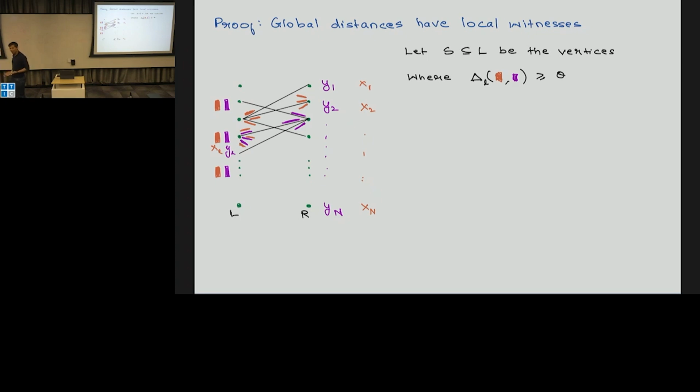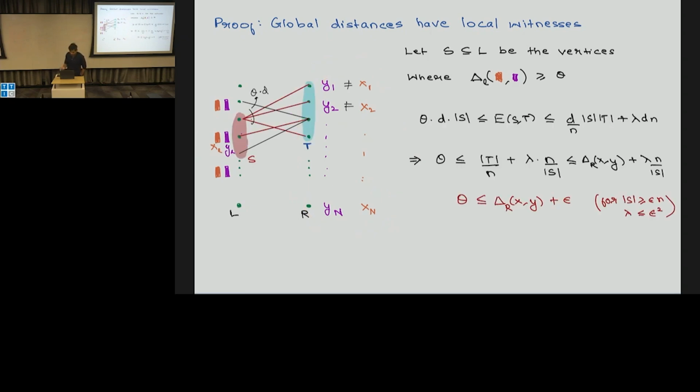Just repackaging in the reverse direction. So you get what I call local projections for these global code words. And I claim that if these local projections have good distance, then these global things have good distance. That's what we wanted anyway. And that's just an expander mixing lemma from what we saw.